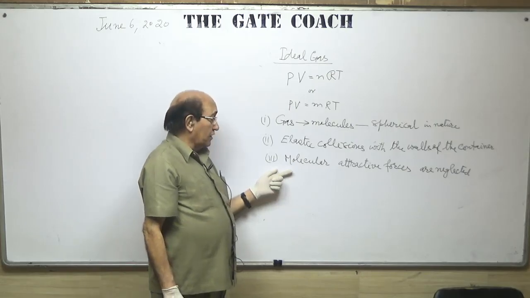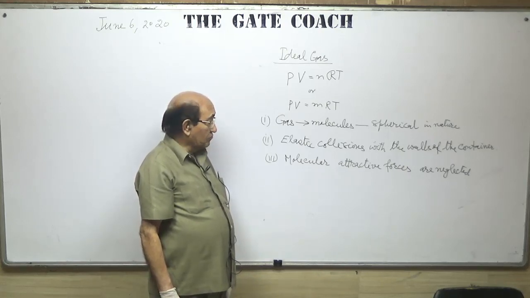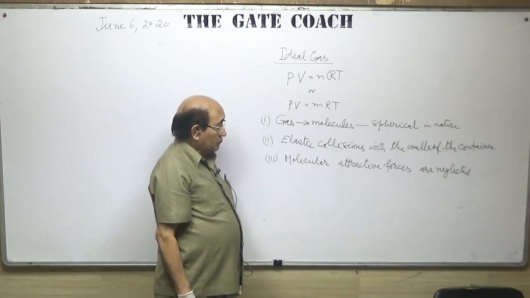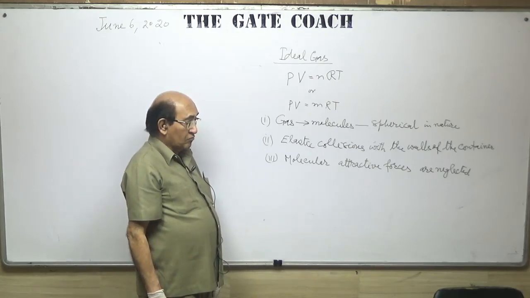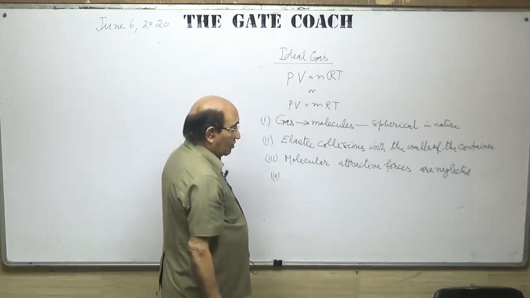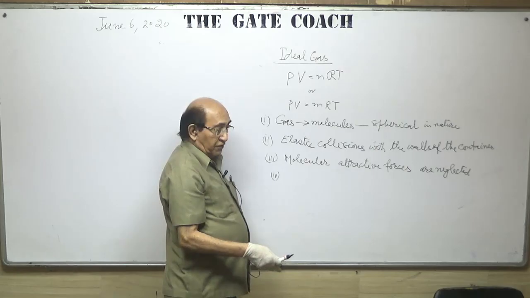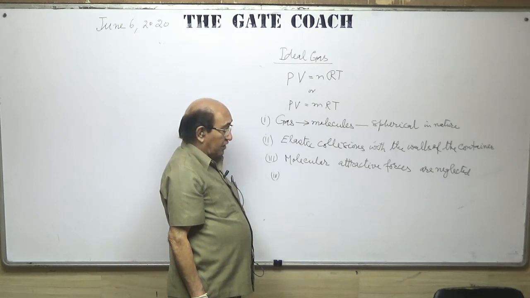When we are talking of an ideal gas, the molecular attractive forces are neglected. Between the two molecules, we are having a free path, and the volume of that free path is much higher than the diameter of the molecules.